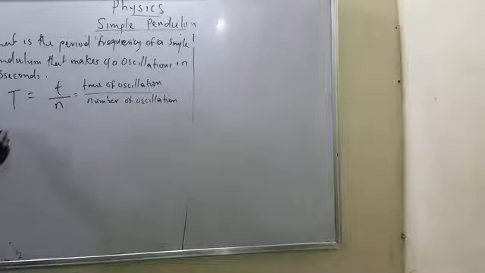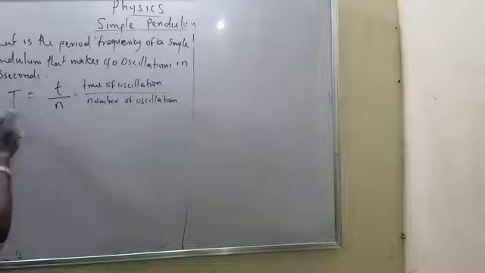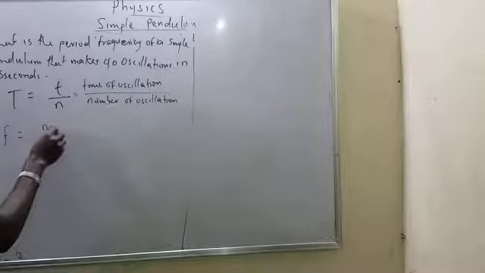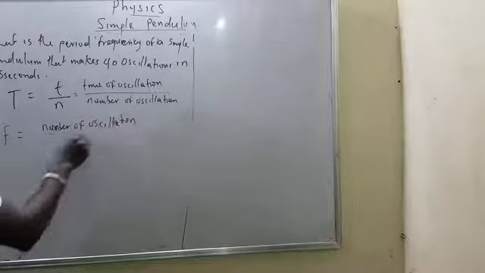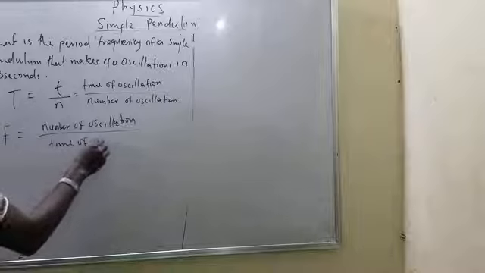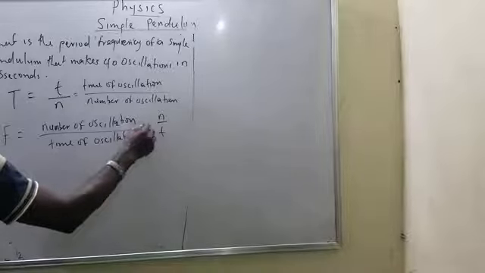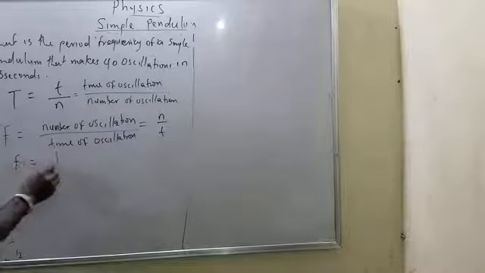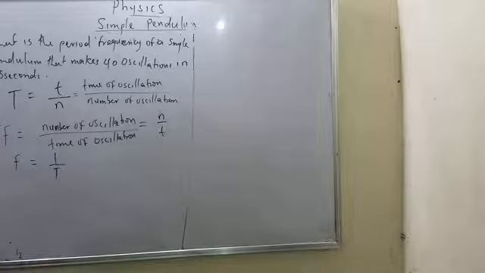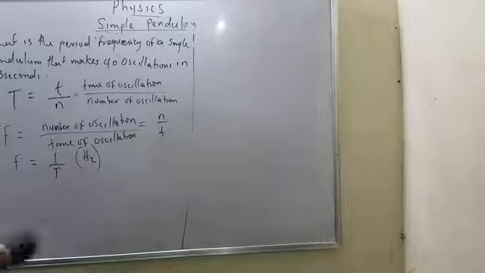My frequency f is always equal to 1 over period, which is number of oscillations divided by time of oscillation, which is n over t. It means inverse of time. We all know that frequency is 1 over period.